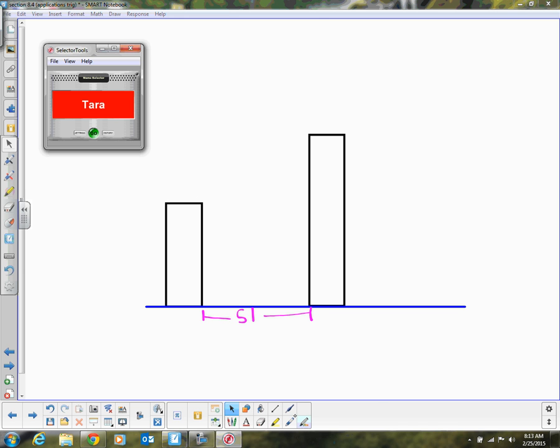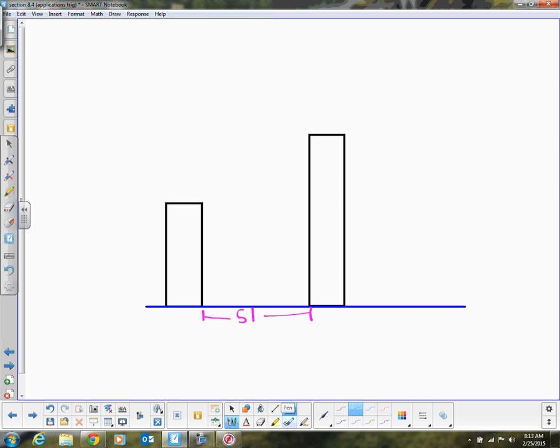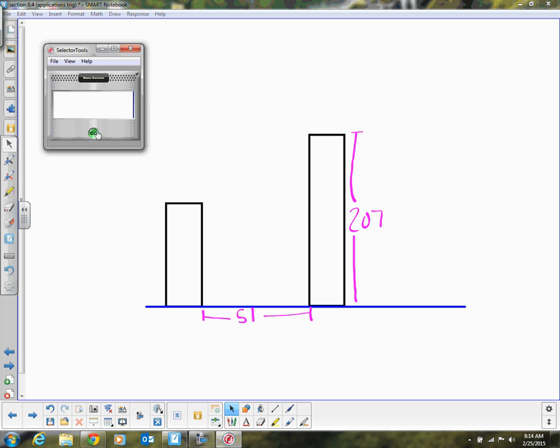What does that mean, Kara? Which one? The tallest. So that means it's vertical? Okay. So the angle of depression from the top of the taller to the top of the shorter.